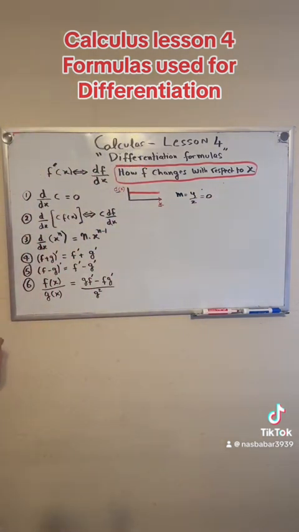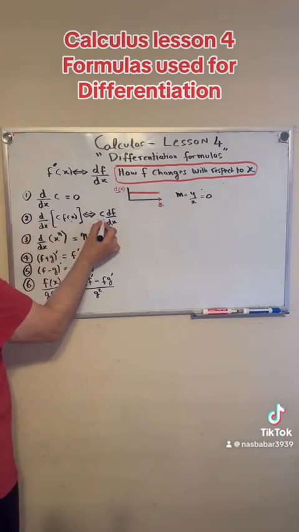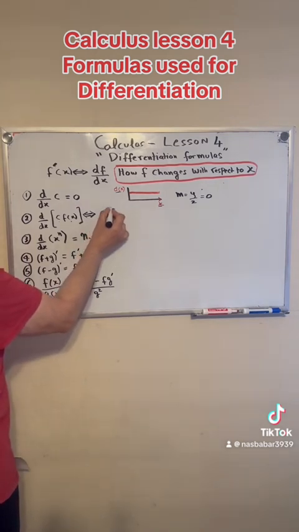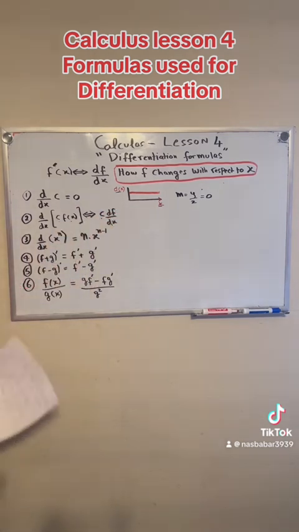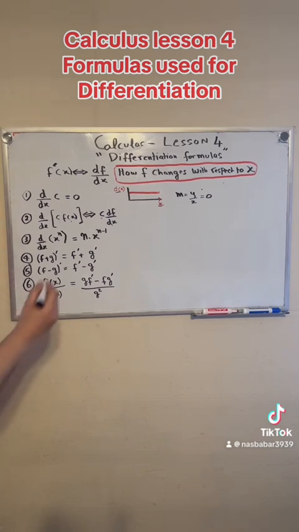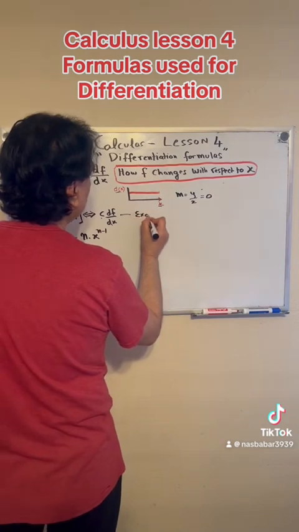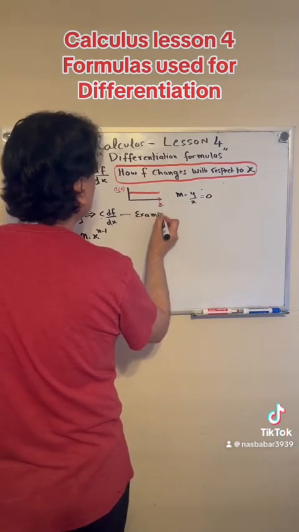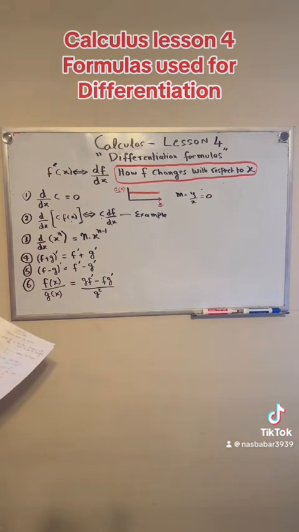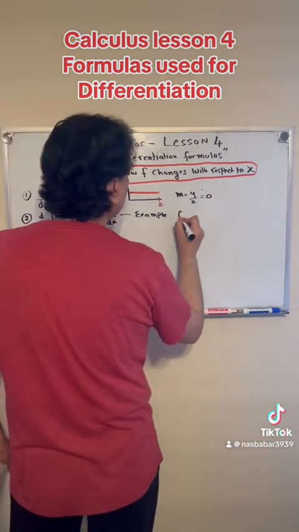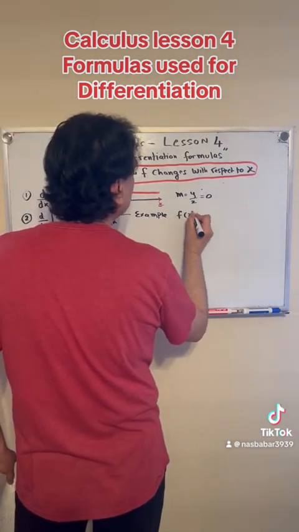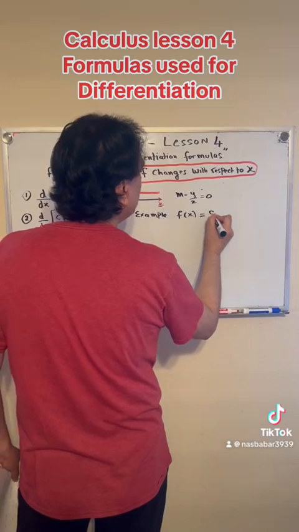Number 2, the derivative of a constant times a function of x can be written as the constant times df over dx. And I can give you an example of that. Say for example you have f(x) is equal to 9x.